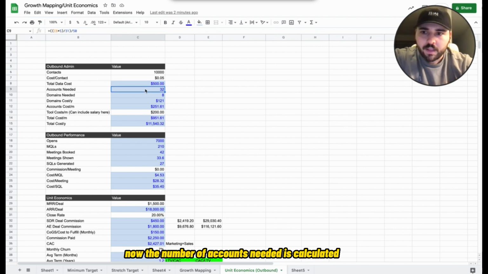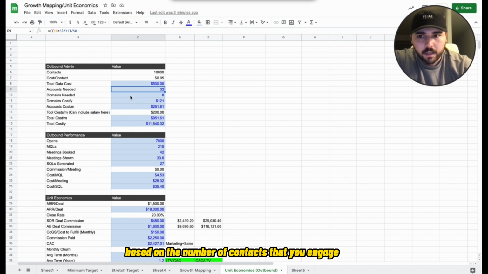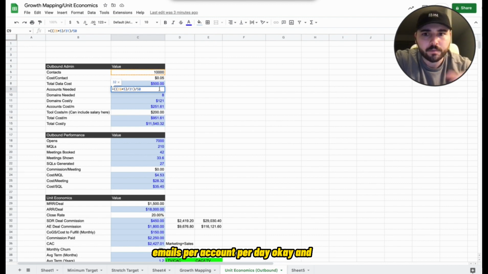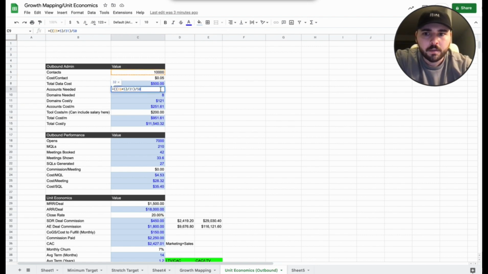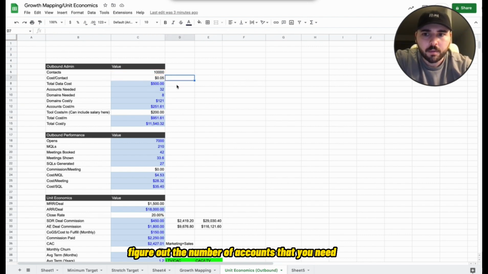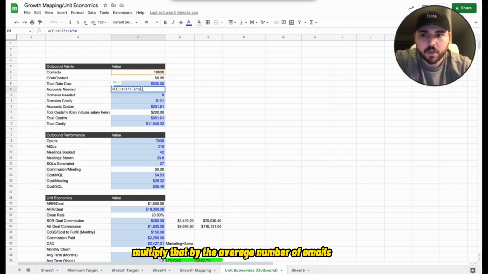Now, the number of accounts needed is calculated based on the number of contacts that you engage. Same with domains. So I recommend sending 50 emails per account per day, and sticking to 4 accounts per domain. To figure out the number of accounts that you need, you want to take your total contacts and multiply that by the average number of emails that each person's going to get.